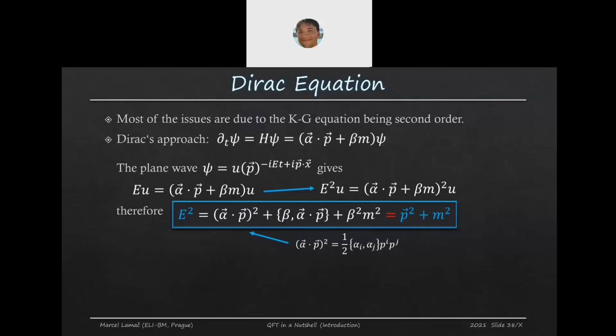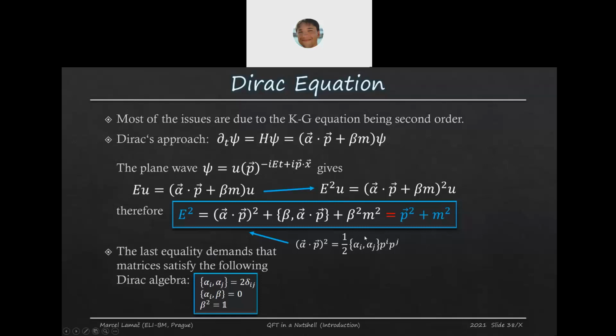We write it like this: alpha_i alpha_j p_i p_j. Then this is a symmetric quantity, right? Because if I change the coordinates, it's the same. So we can simply write this with alpha_i alpha_j plus alpha_j alpha_i divided by 2, because if I add it and just change the coordinates on the other side, it's the same. So we can write this scalar product like this, and therefore the conditions for the matrices are the following.